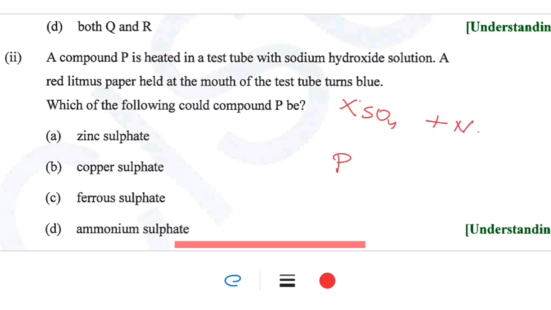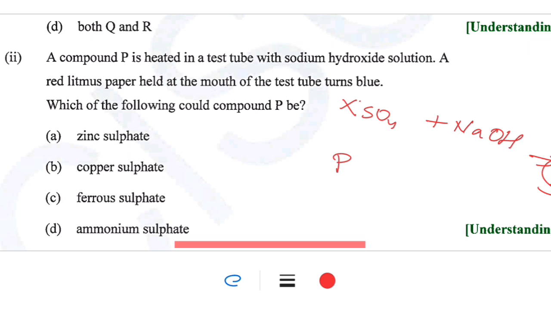With that I am heating NaOH. We know that whenever we react sulfates with hydroxides, it converts into the hydroxide, XOH. Now, when we bring a red litmus paper towards it, it converts into blue. It means we have a solution which is basic in nature.